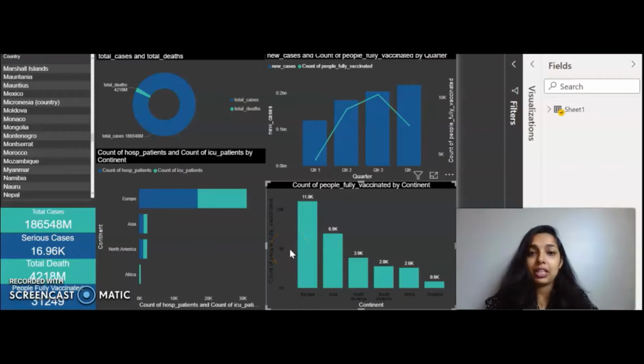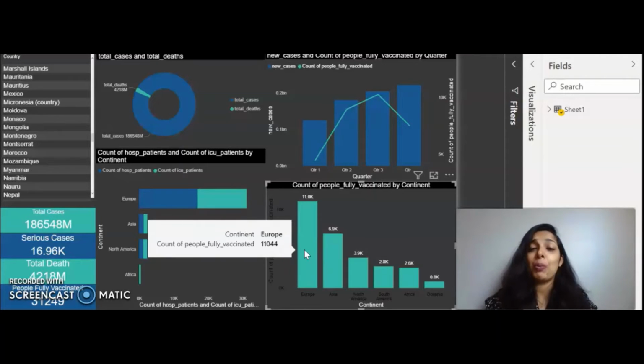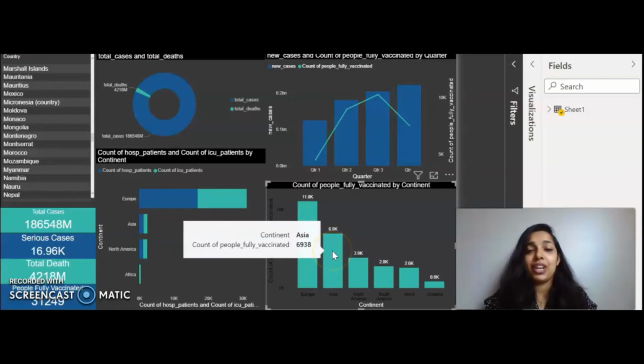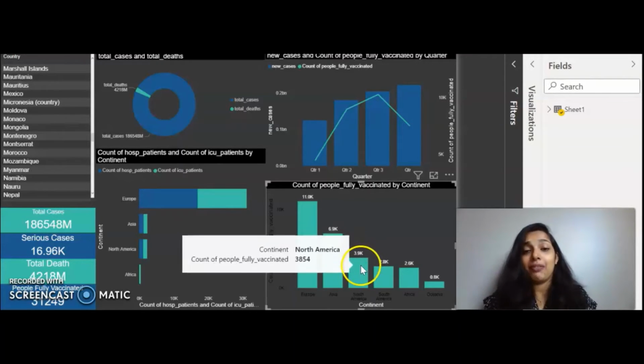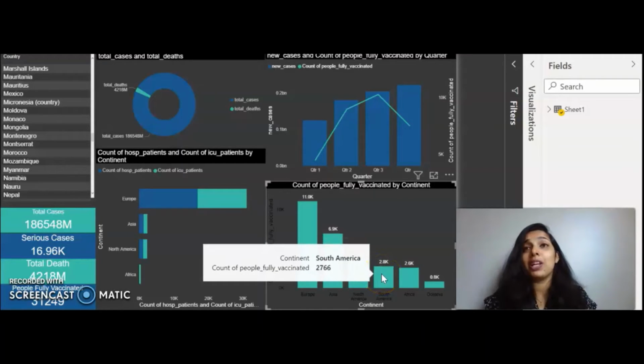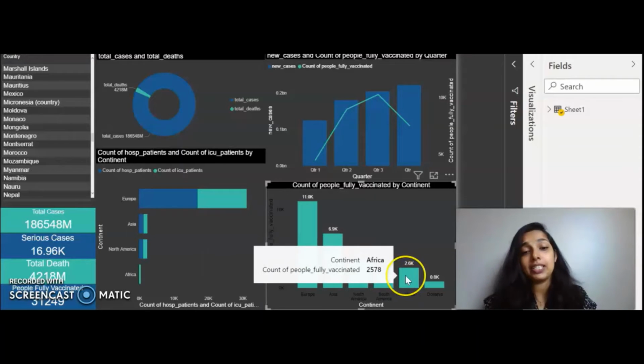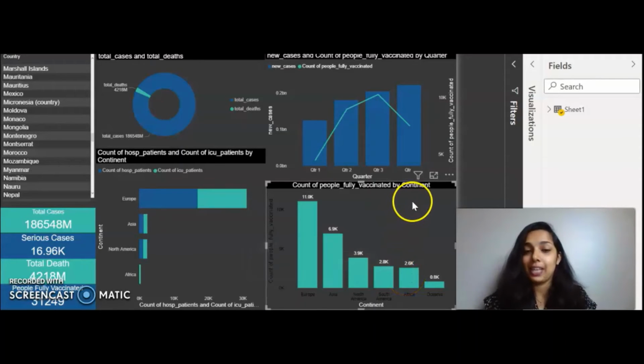Now, from the clustered column chart that we have plotted for the count of people fully vaccinated by continent, we could see that the number of people fully vaccinated from Europe is 11.0k, from Asia it is 6.9k, for North America it's 3.9k, for South America it's 2.8k, and for Africa it is 2.6k.